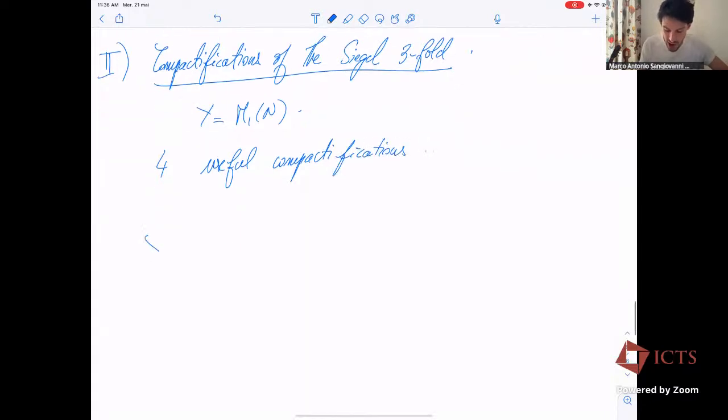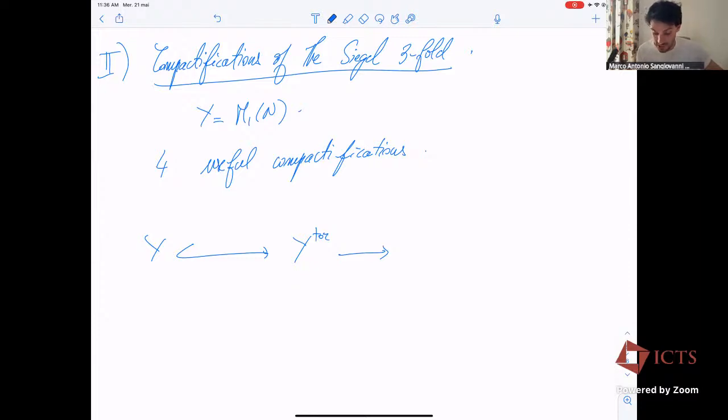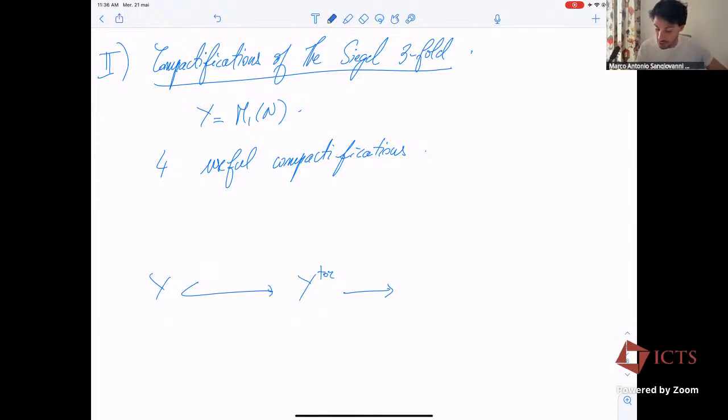So here I have Y, which injects into, say, toroidal compactifications. This depends on some auxiliary choices, but I will not explicate them. So toroidal compactification, which maps to the Baily-Borel compactification, also known as the minimal compactification.